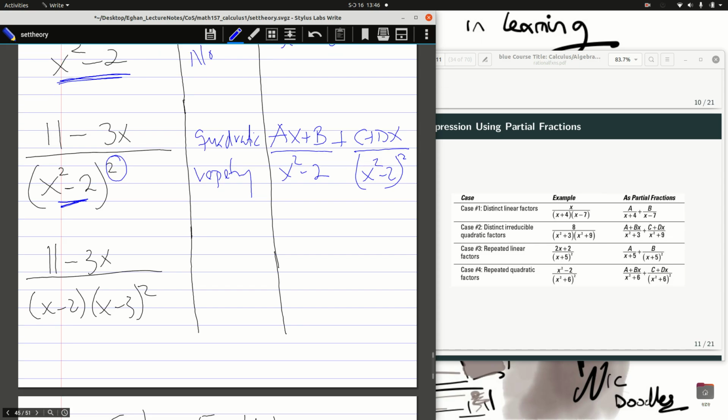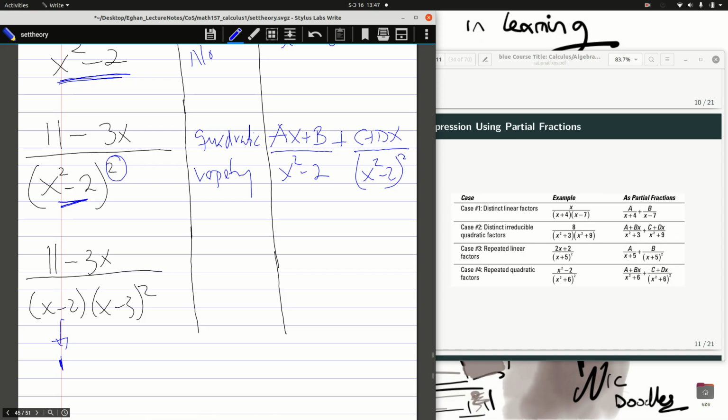Now the last example, I have a linear factor. Degree here is 1. Degree here is also 1. So I have linear here, linear for the first term. The second term is also linear but repeating. So I'm adding these terms.